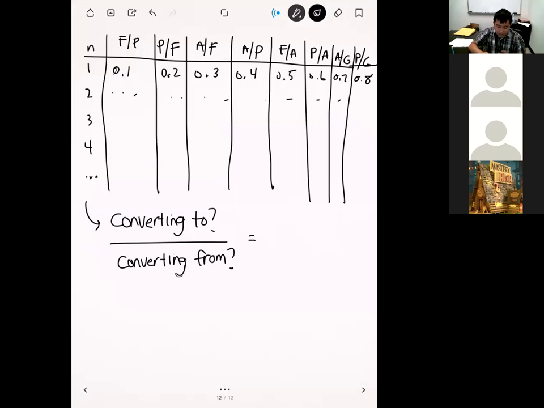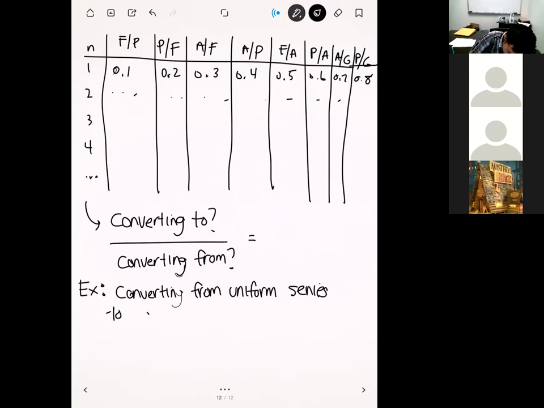If we do the previous example, we converted from a uniform series to a present sum. And so this tells us that what we need is a P over A conversion factor.